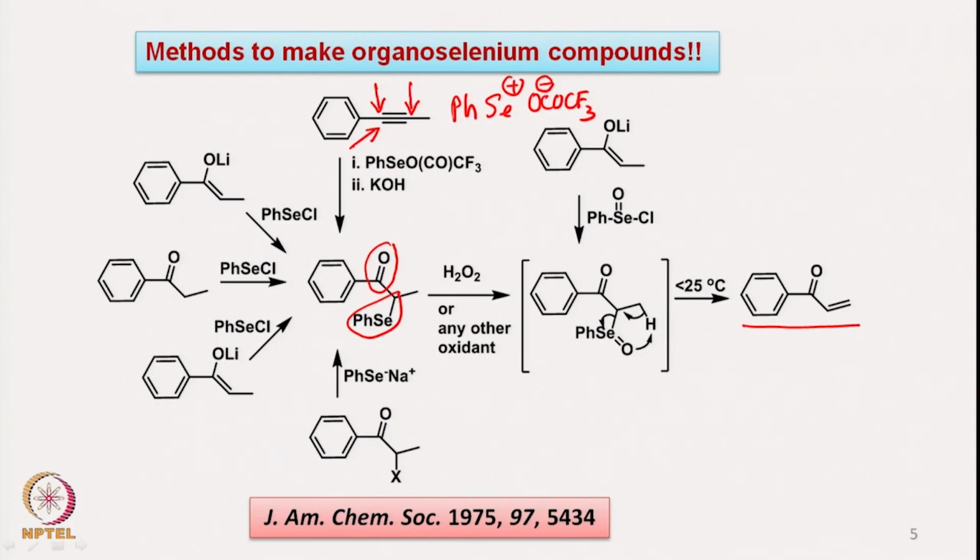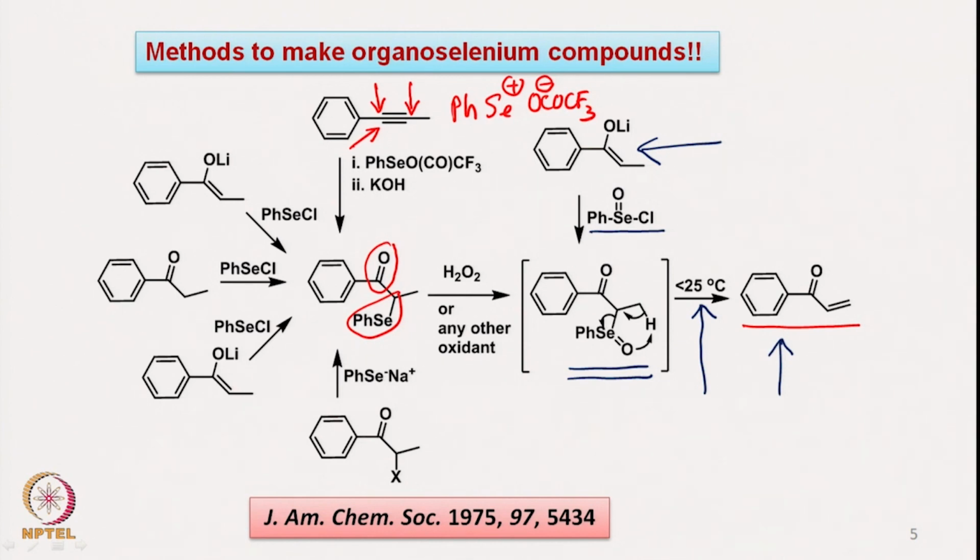Alternatively, one can also take the enolate of this type, and directly treat with this particular selenenyl chloride and get the corresponding selenoxide here directly without the use of any oxidizing agent, which upon, as you can see, requires only lower than 25 degrees temperature to let the compound undergo selenoxide elimination, and the same substrate is formed readily.